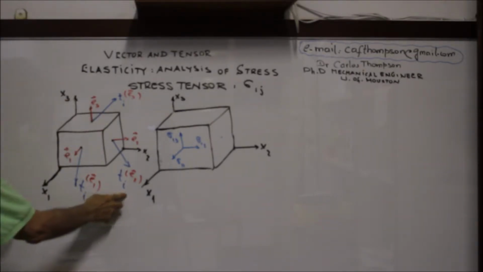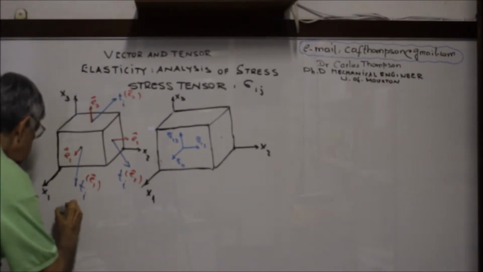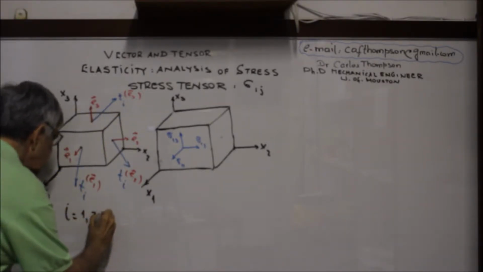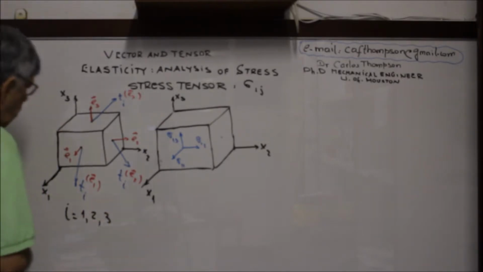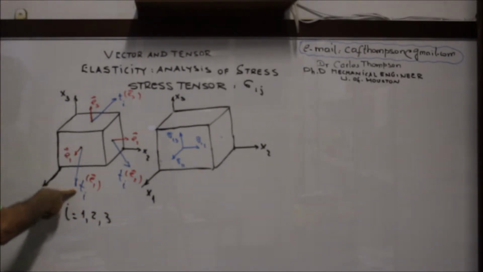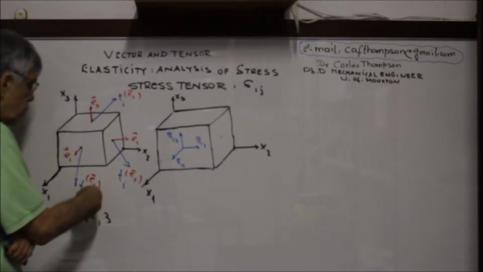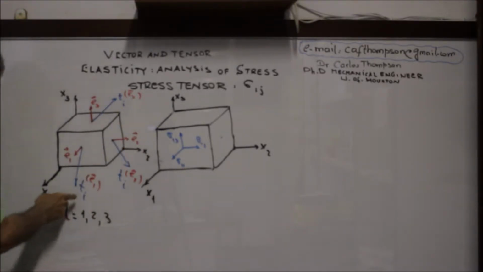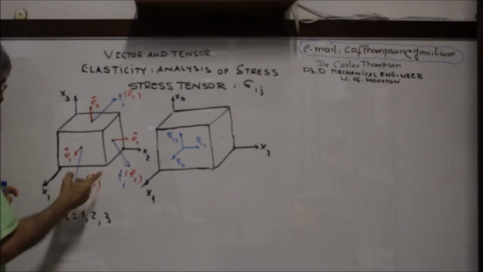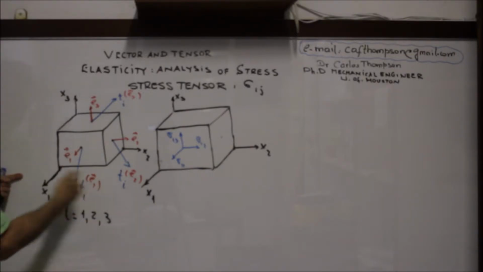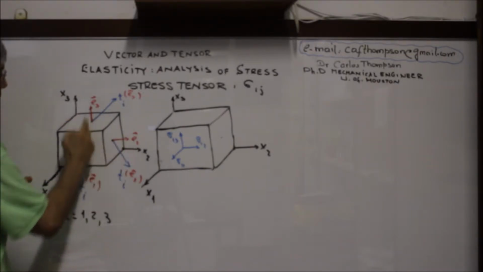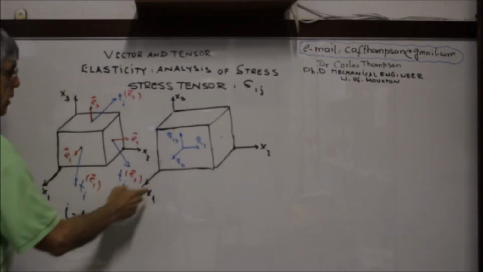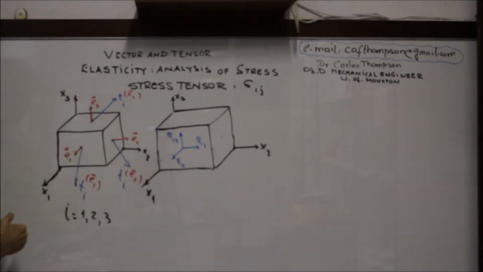So Ti, with i equal to 1, 2, or 3, as we did before. This is the stress vector associated to the normal vector E1. This is normal vector E2. This is normal vector E3. Now, if you project Ti E1 on x1, x2, and x3, you just get sigma 11, sigma 12, and sigma 13.